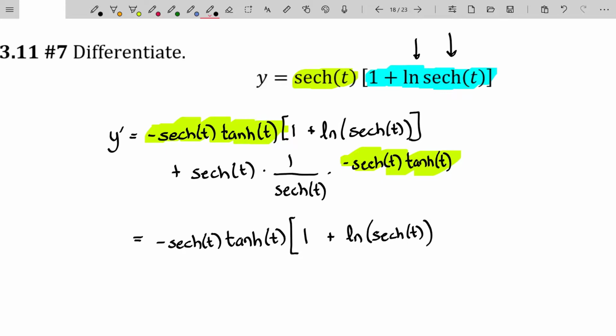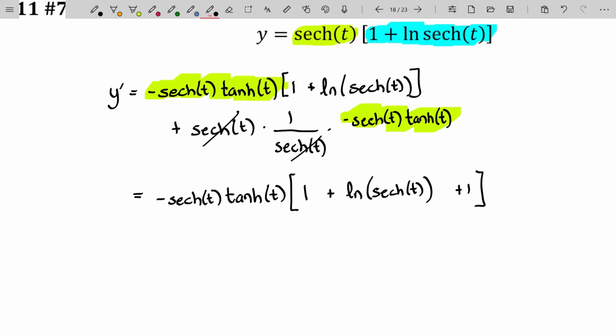In the second term, the sech's cancel beautifully. You'll be left with just a 1. Remember, we factored off a negative sech tanh. So in the end, this cleans up beautifully to just be a negative sech of t tanh of t times 2 plus natural log of sech of t.